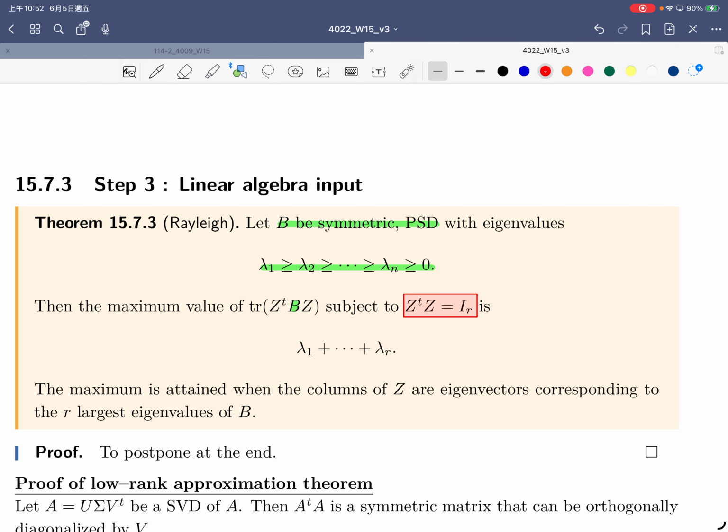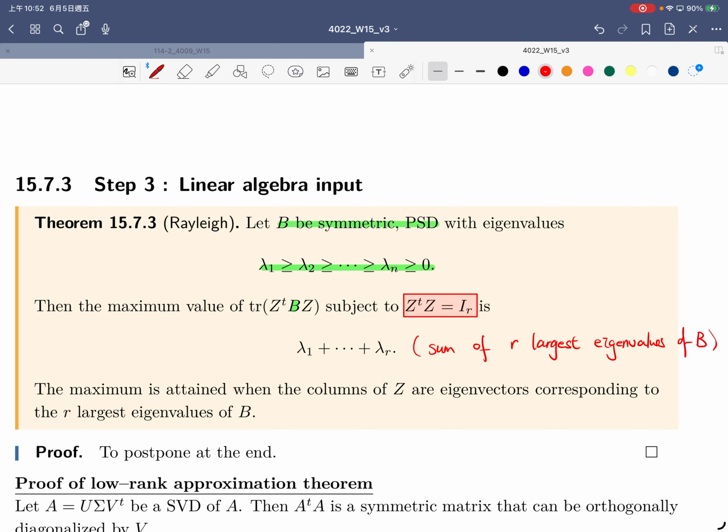And it turns out the maximum value is given by the sum of the R largest eigenvalues of this symmetric matrix B.